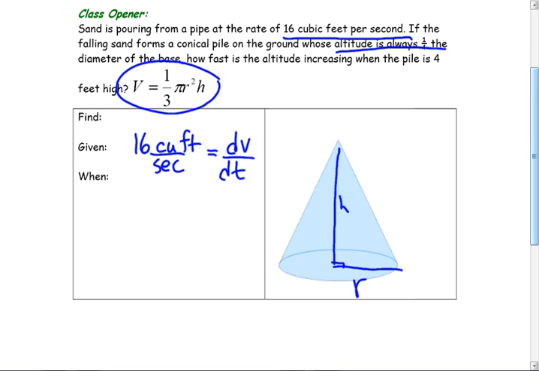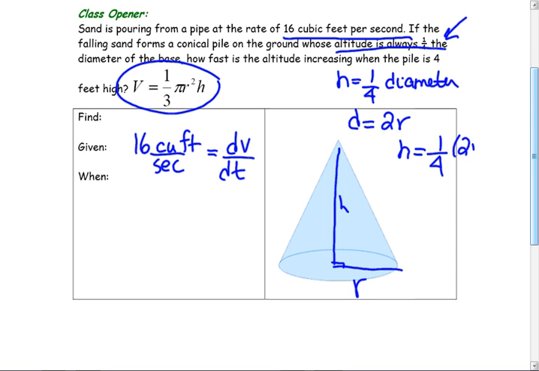The altitude, H, is always 1/4 of the diameter. So what's the diameter equal to? 2R. So H is equal to 1/4 of 2R, which is R over 2.